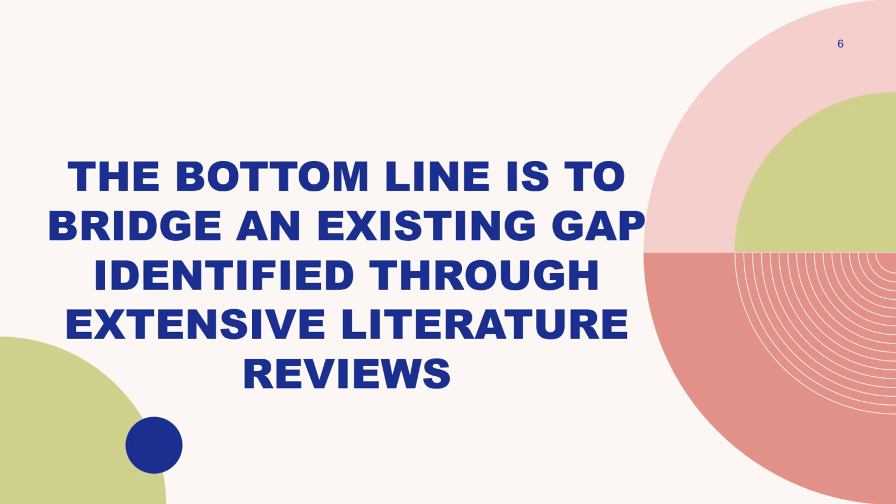And this existing gap is identified through extensive literature reviews. And by this statement of identifying a gap and basing that gap on existing extensive literature review leads us to our third topic, which is about literature review.